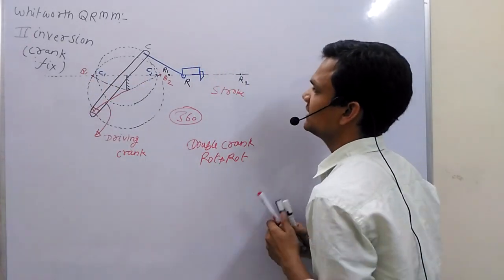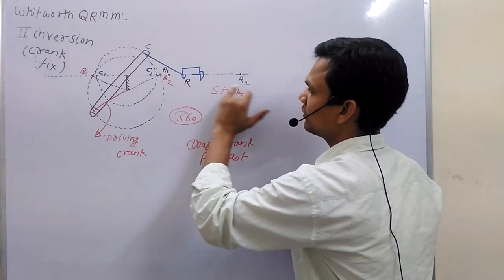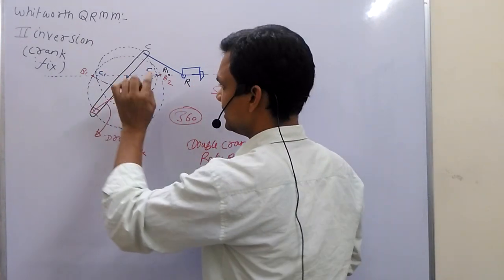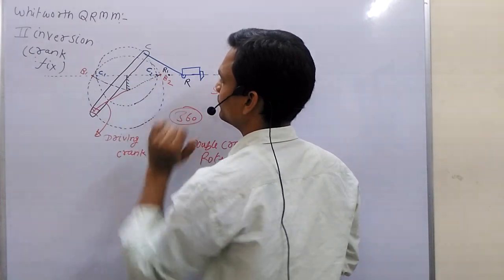Now you can see I also draw the stroke length R1 R2, which is equal to C1 C2.